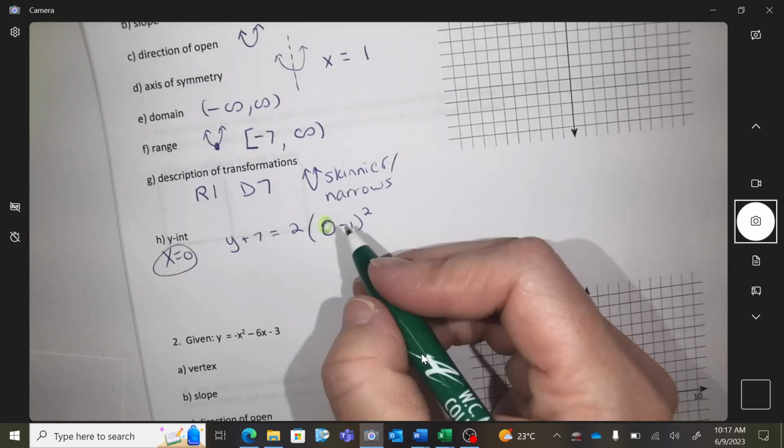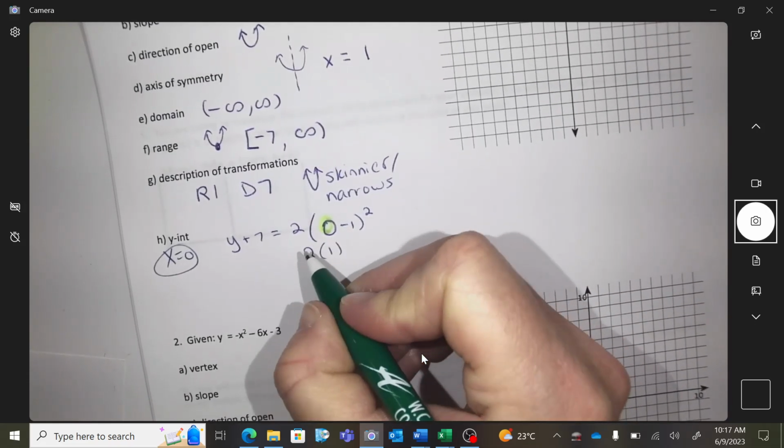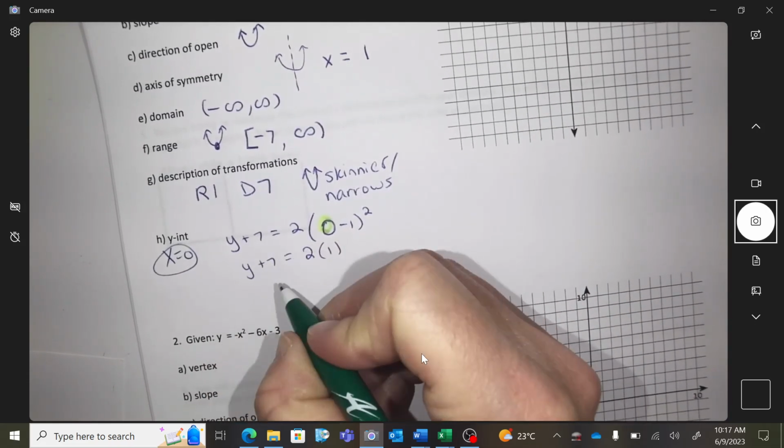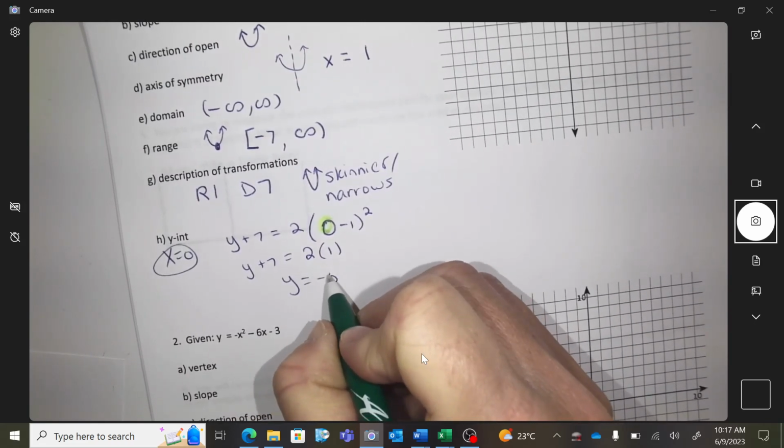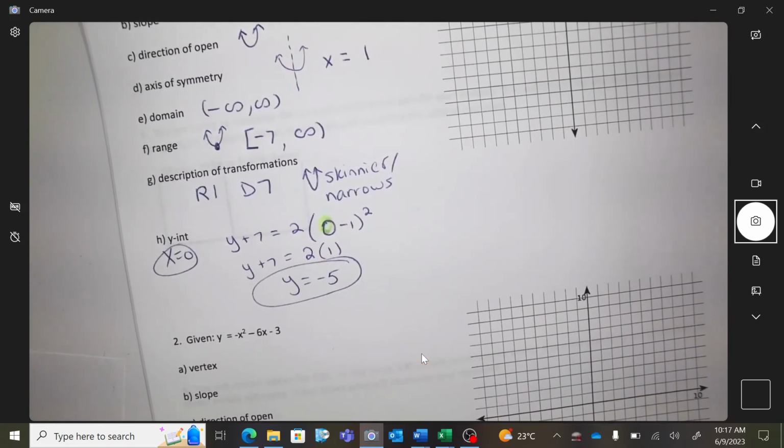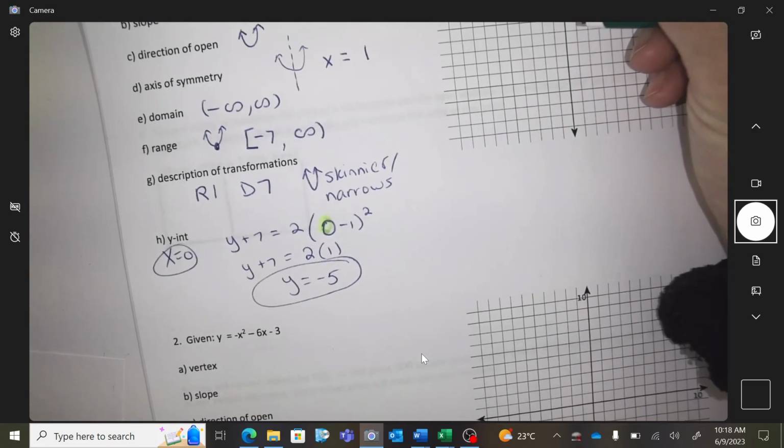Just doing all my order of operations now. Okay, so we're going to graph it. I'm going to draw my vertex.